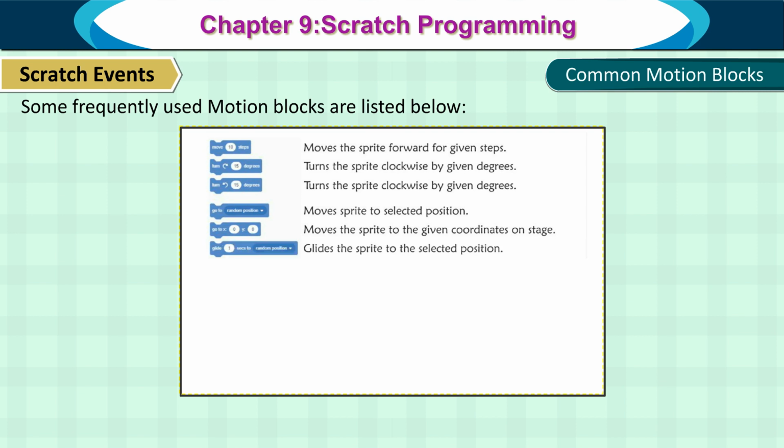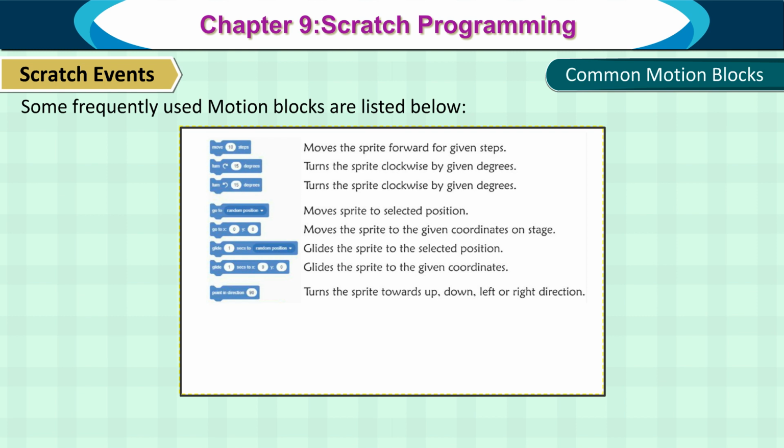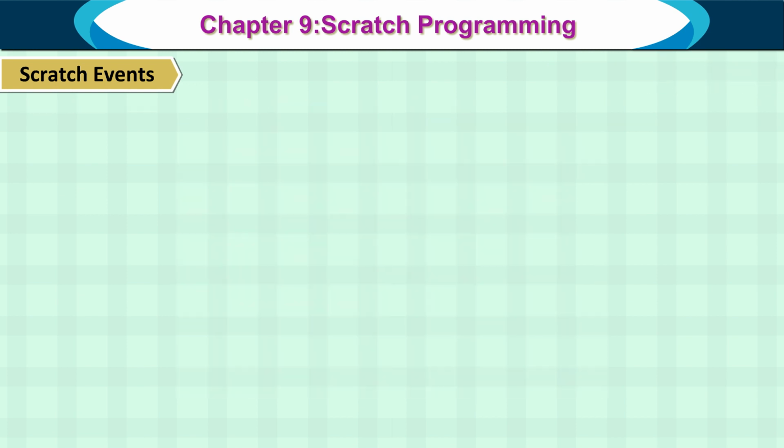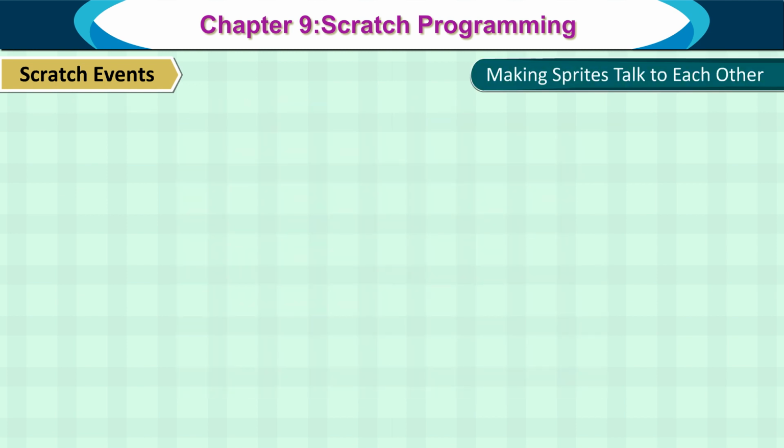Glides the sprite to the selected position. Glides the sprite to the given coordinates. Turns the sprite towards up, down, left or right direction. Points the sprite towards selected object. Changes X coordinate. Sets X coordinate. Changes Y coordinate.